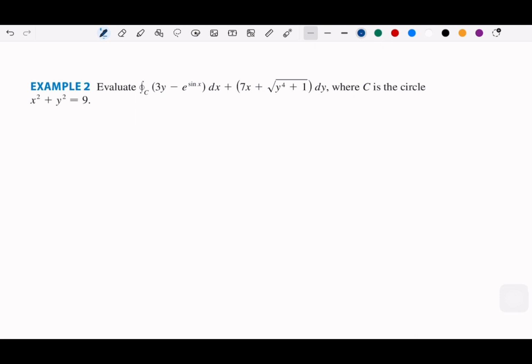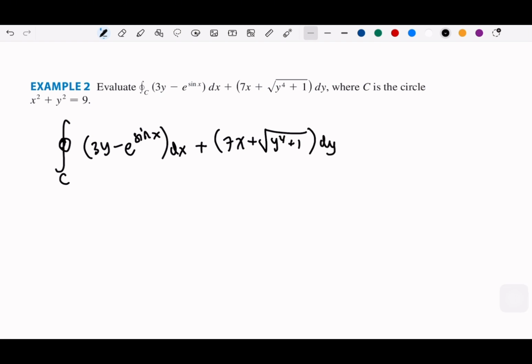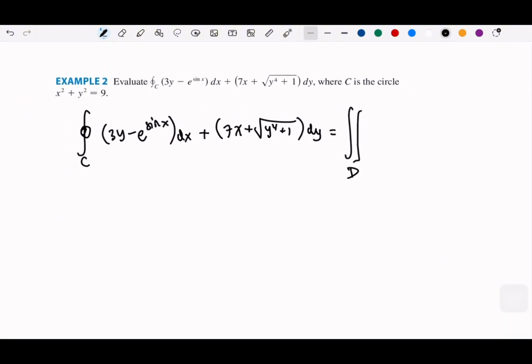So if we write the equation, let me just write the equation first. The line integral is 3y minus e to the power sin x, dx, and this will be d/dx of the 7x plus the square root term, minus the partial of the 3y minus e term.